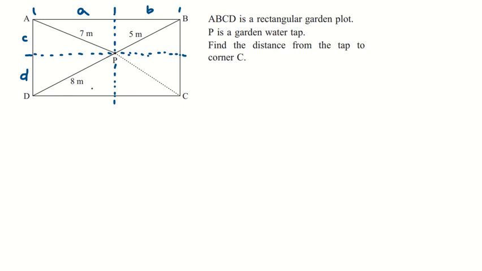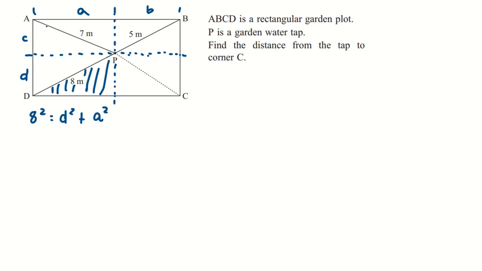So let's use the Pythagorean theorem. I would like to take this first triangle here below with the hypotenuse 8. The Pythagorean theorem says the square of the hypotenuse, which is 8 squared, is equal to this side squared, which is d squared, plus the square of this side, which is a squared.